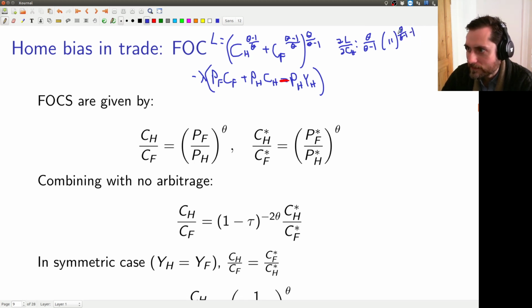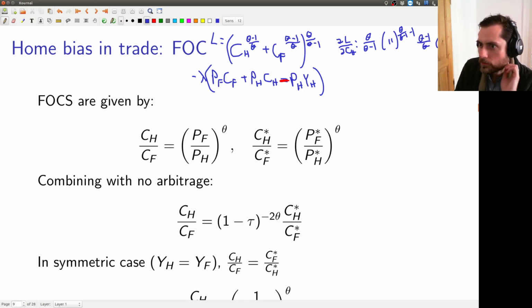All right, then inside, theta minus 1 over theta times CH to the power theta minus 1 divided by theta minus 1, which will be negative 1 over theta. Okay, and set that equal to 0.